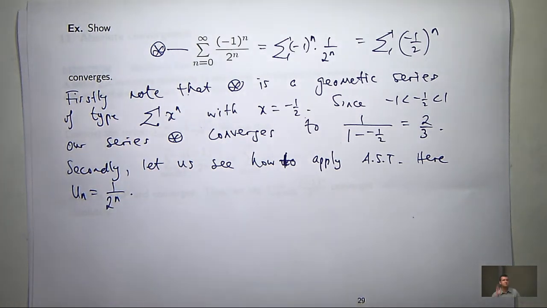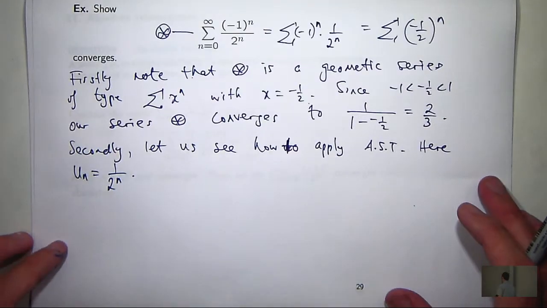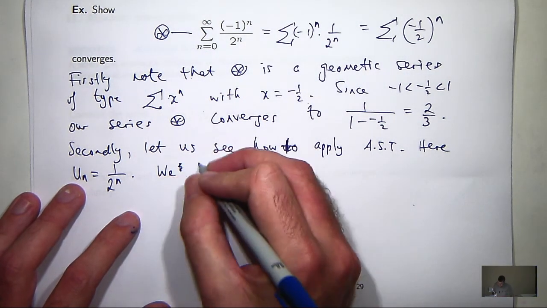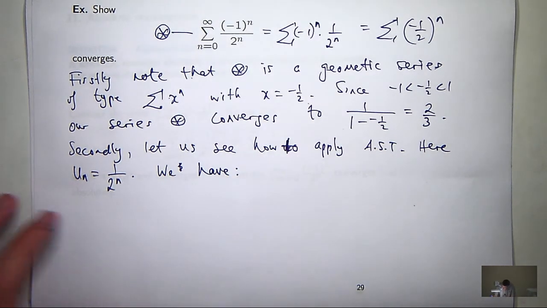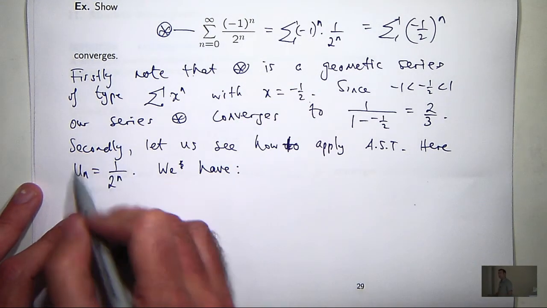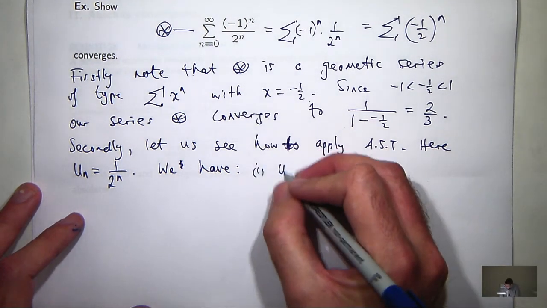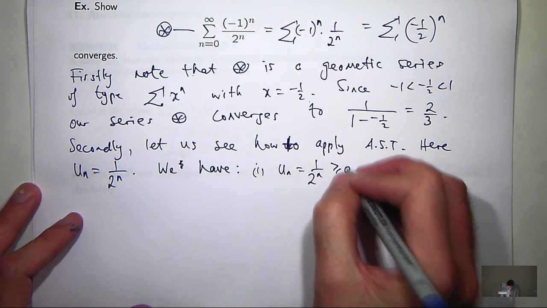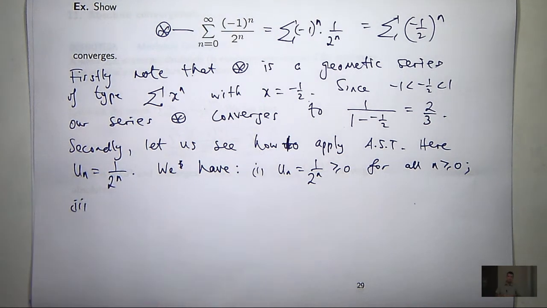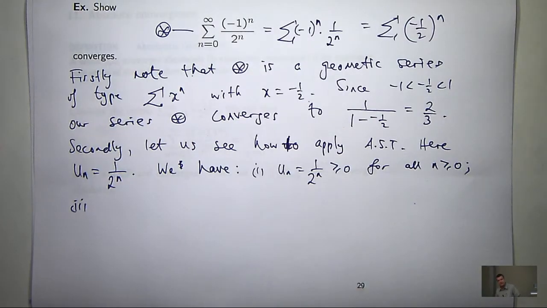So all we need to do is check that these three things hold. Okay, so firstly, for each n, say greater than or equal to 0, are our u sub n's positive? Yep. The second part of Leibniz's test says we need to have a decreasing or non-increasing sequence.